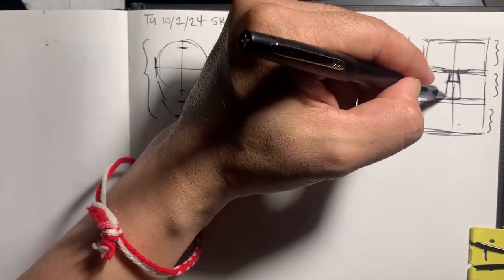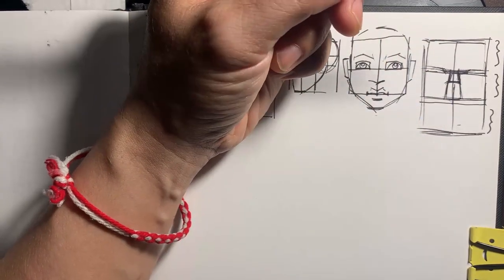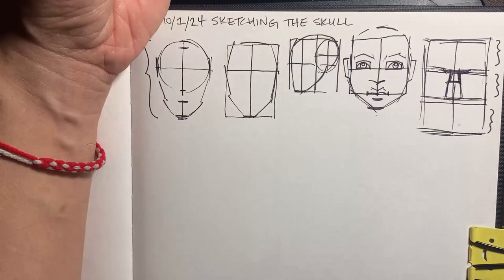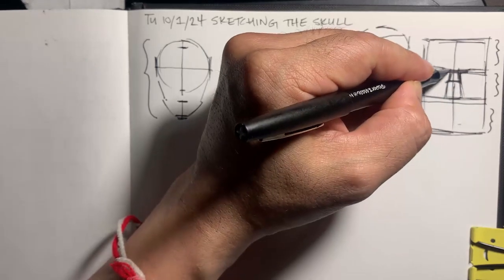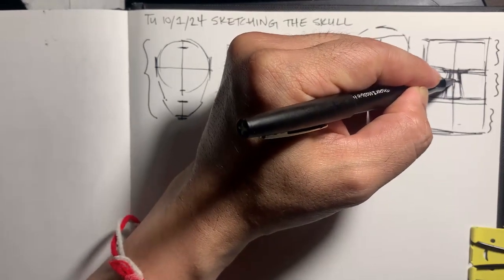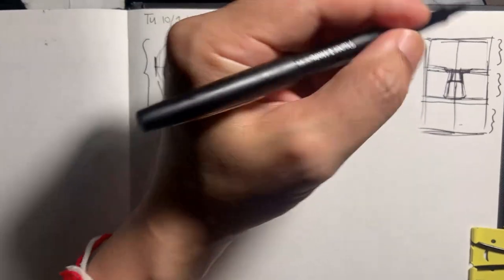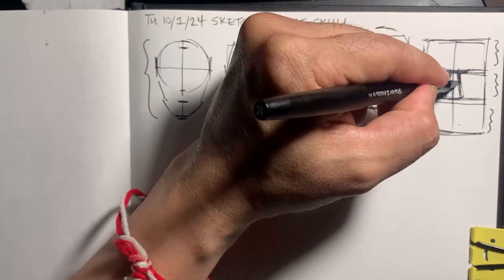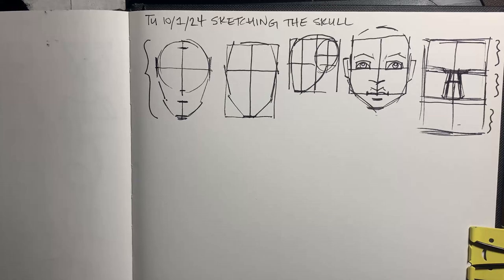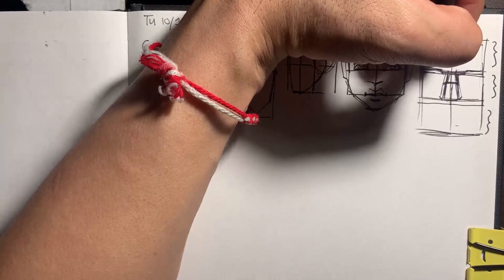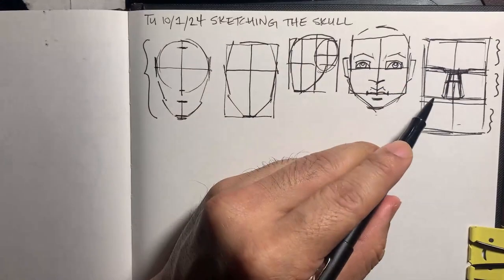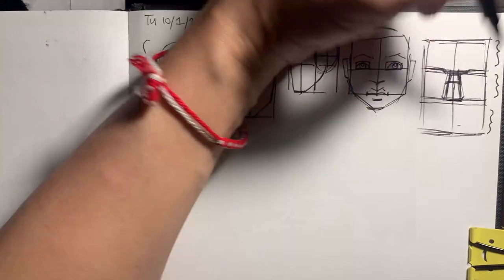That's the nasal cavity. And I'm not going to go into all the anatomical names unless I need to, because I find that sometimes it doesn't really help you draw better. So again, these lines are using the same proportions, but this is the skull underneath.